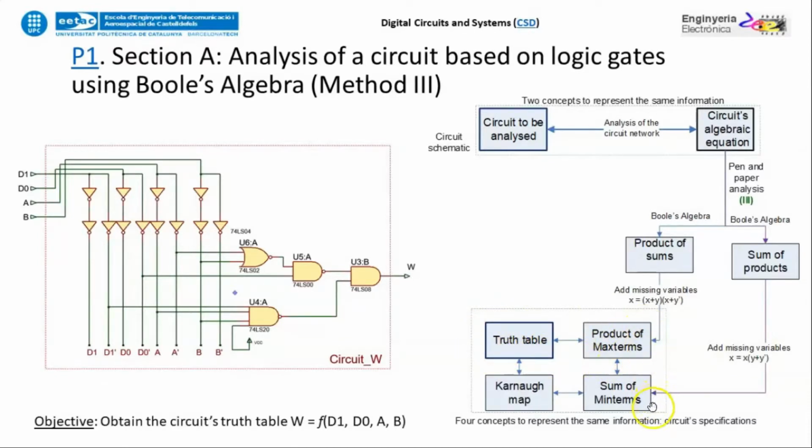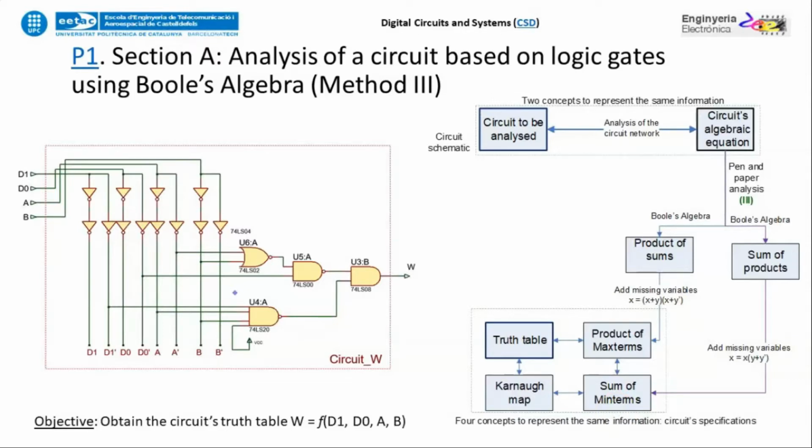And at the same level, you have the sum of minterms, which is nothing but the sum of products that you may have obtained using a handmade analysis, and proceeding the same way, adding the missing variables. So instead of a product, what you've got is a minterm, which is nothing but a product with all the input variables there and ordered correctly.